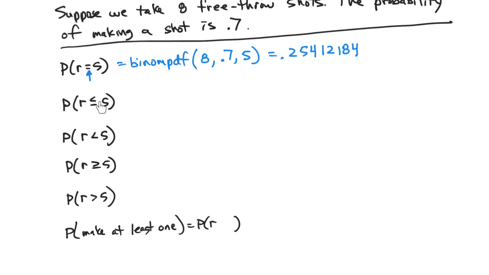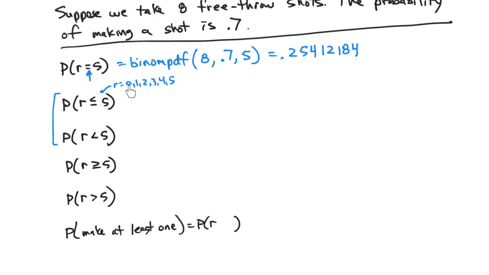Okay, so less than or equal to 5. Well, when it's a less than or equal to, we're all set to go, right? We have binomial CDF for these. Less than or equal to means that we're going to start at 0, because think about this. R is less than or equal to 5. That means R could be 0, 1, 2, 3, 4, or 5.